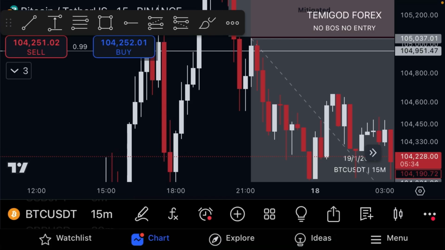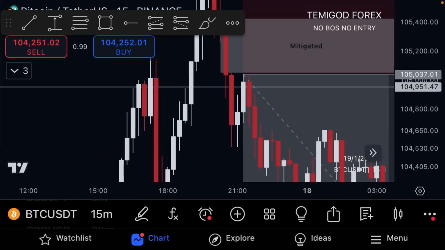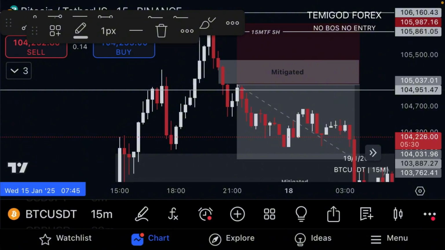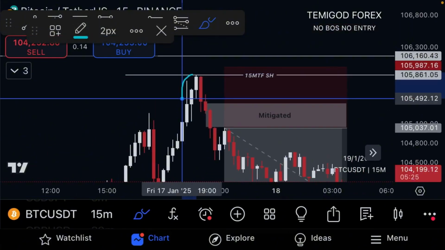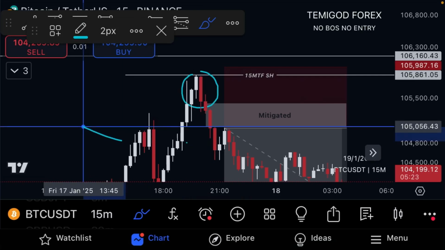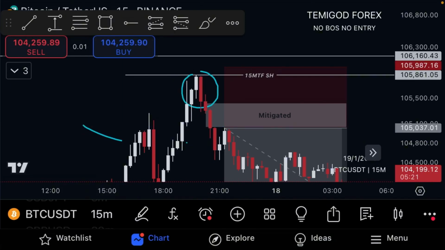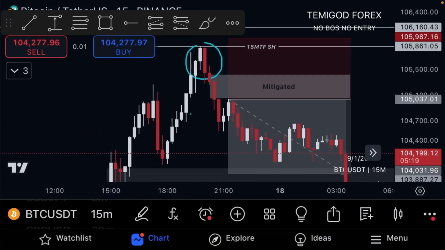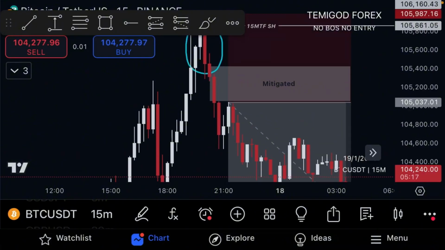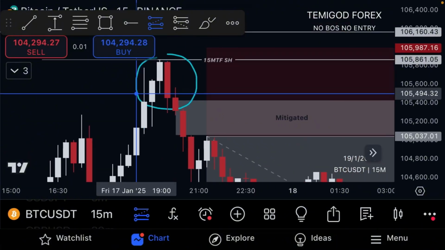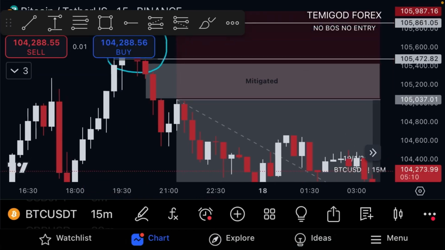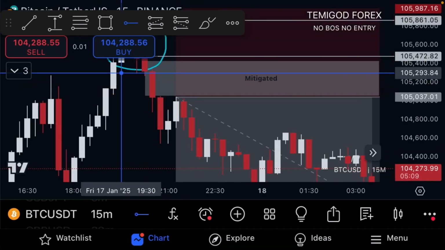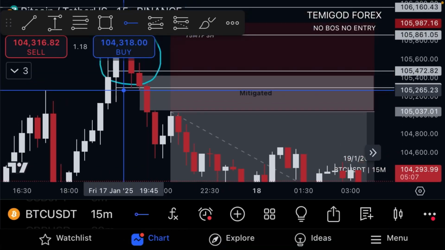So the next thing you get to do is to look for the next structure above. Once you get that next structure above, which is this, then you want to get that 3 candles below it to validate that area. Now let's go straight to the point without wasting much time. Now we get to see 1, we get to see 2, and we actually saw the third one.